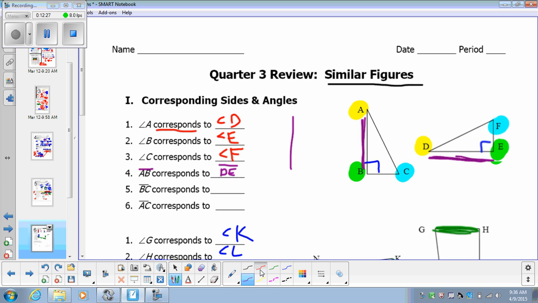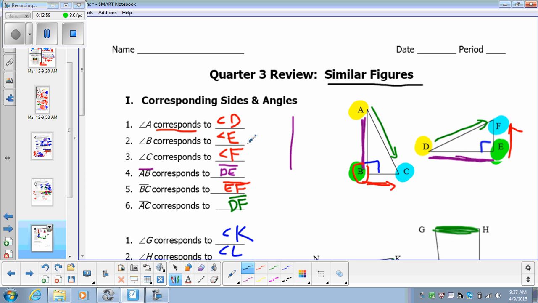Now B to C would be green to blue, so going from green to blue, E to F. Yes, it matters with the letters. Now A to C means we're going from yellow down to blue. So yellow to blue would be DF.